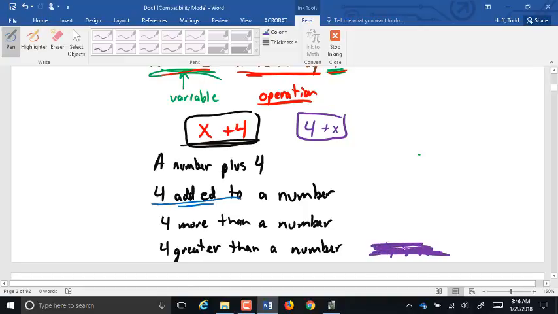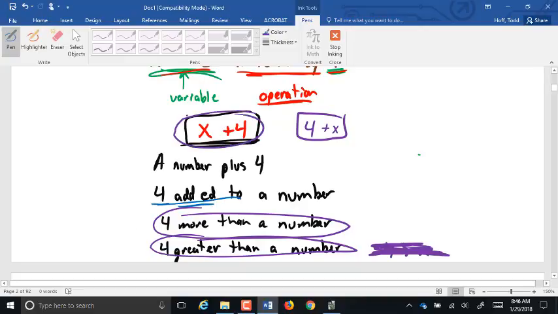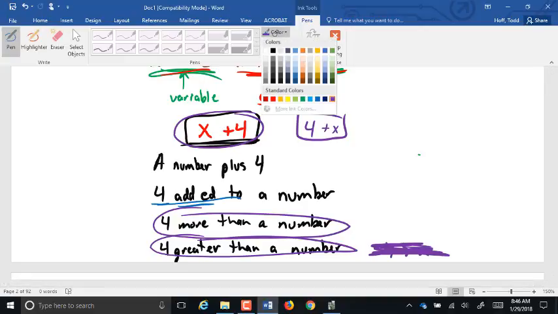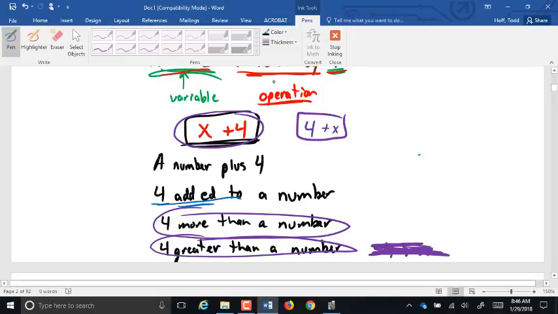It just says 4 greater. 4 greater than a number is the same as saying 4 more than a number. That 4 is being added to it. So that is still x plus 4. Again, it could be n plus 4, y plus 4, whatever variable you want to use. And there are several others that we could put out there for x plus 4.